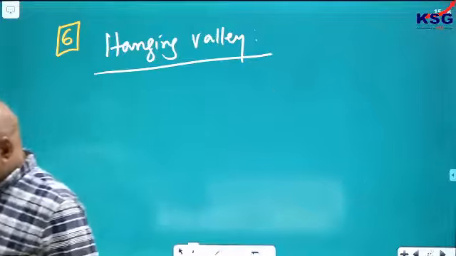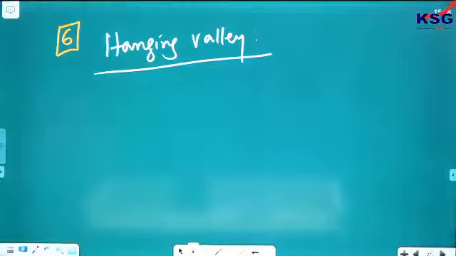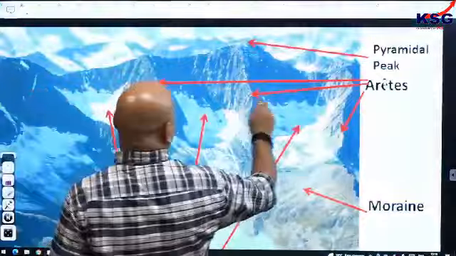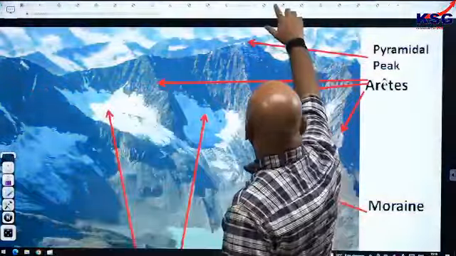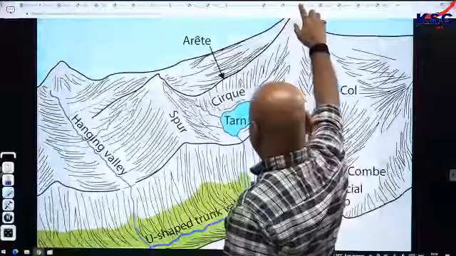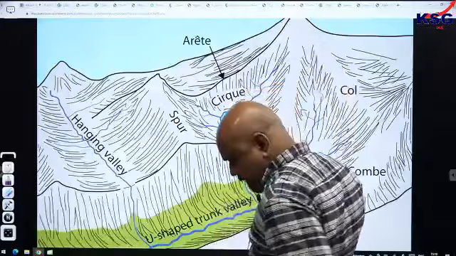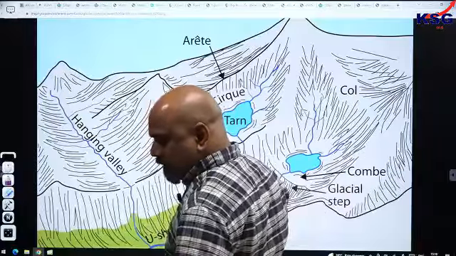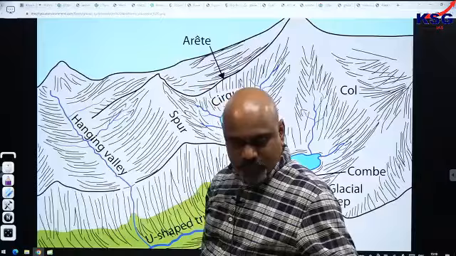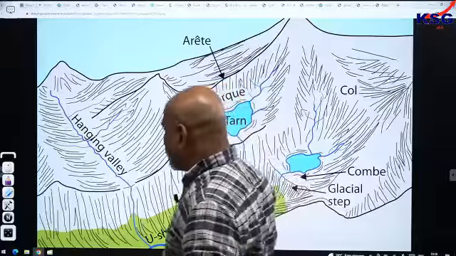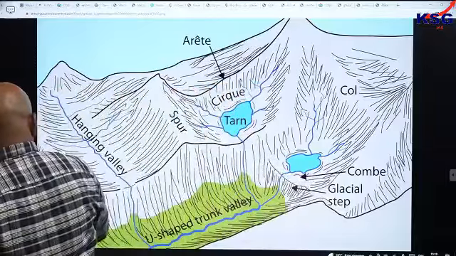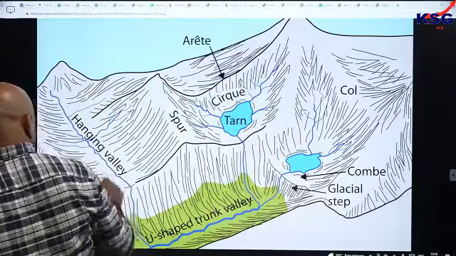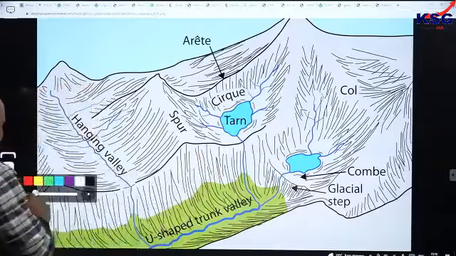Please look at this hanging valley here. Look, it will become clear here. How is the hanging valley here? Here is a valley.